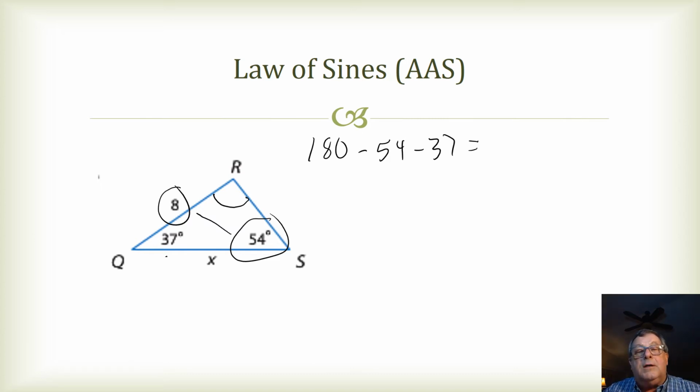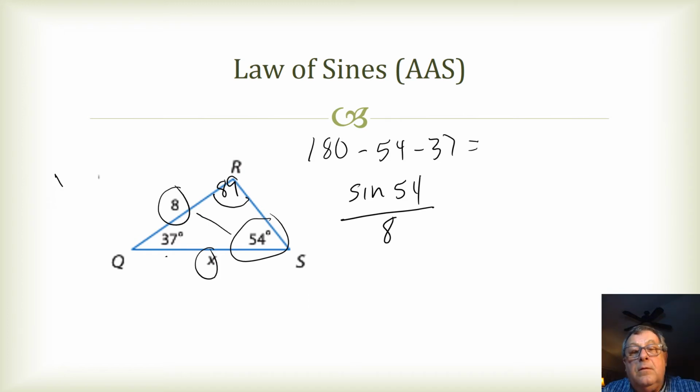So R is an 89 degree angle. Now that we've done that, let's set up our ratios and find X. So I've got the sine of 54 over 8, and that's going to equal the sine of 89 over X.